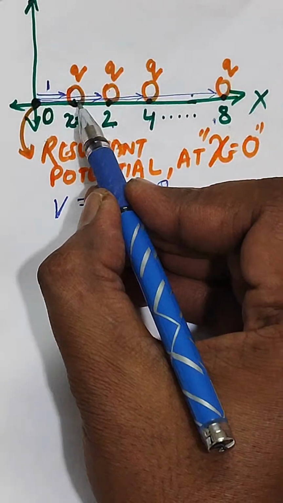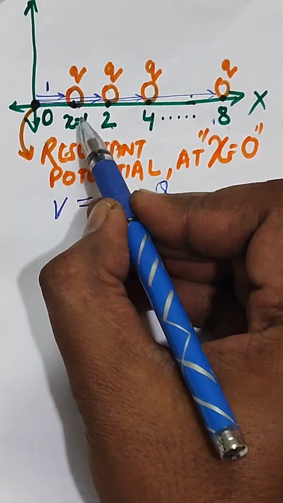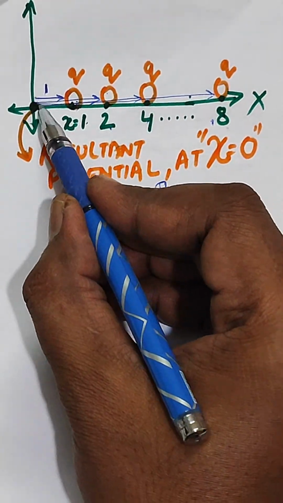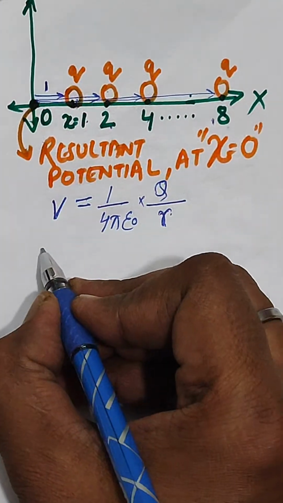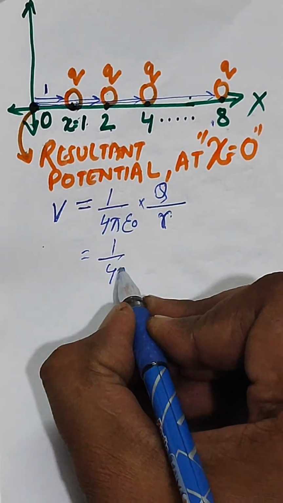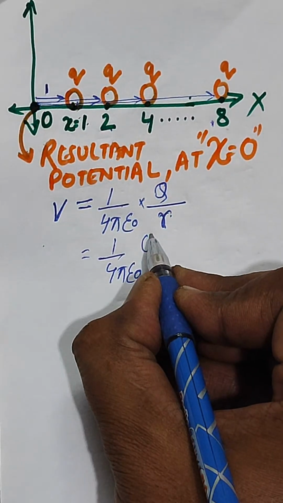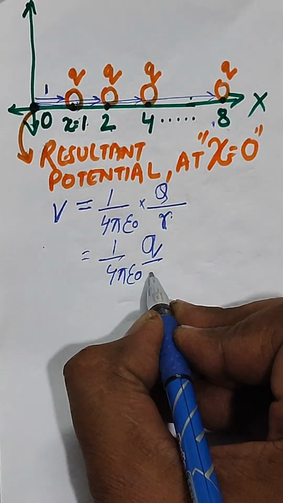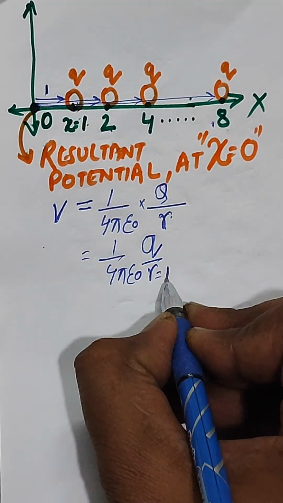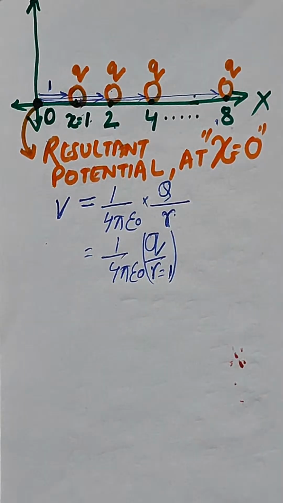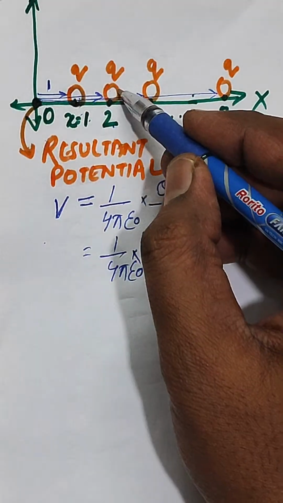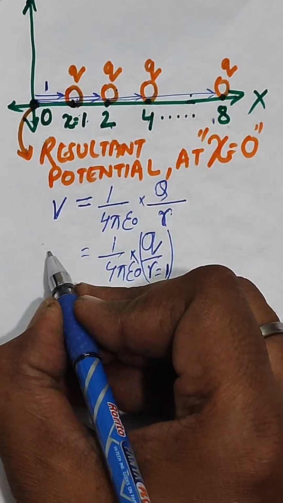Suppose the first charge, at x equal to 1, will be creating a potential at the origin equal to 1 by 4 pi epsilon 0 q by r, where r equal to 1.